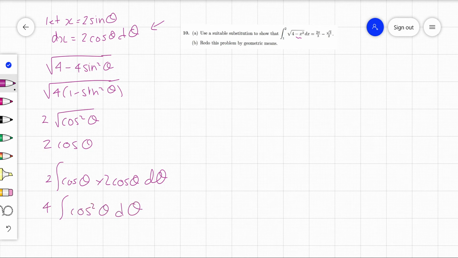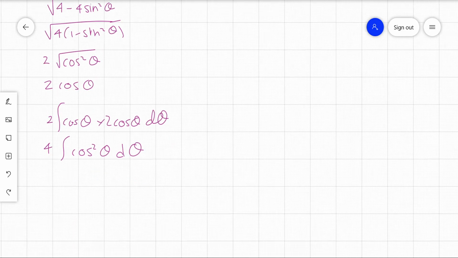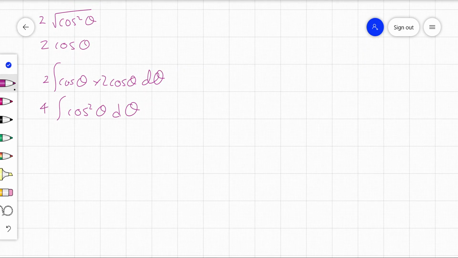Now we know that we can't do that so easily, so we just use an identity, which hopefully you're used to from extension 1. So we know that cos squared theta is half of cos 2 theta plus 1. So half, cos 2 theta plus 1, and we've still got our d theta here.